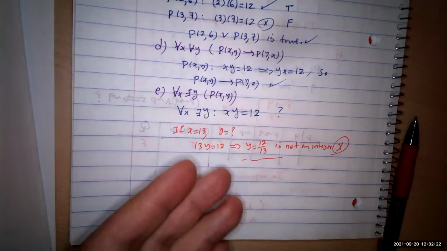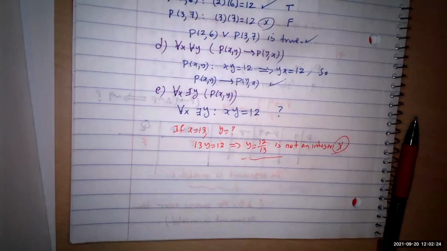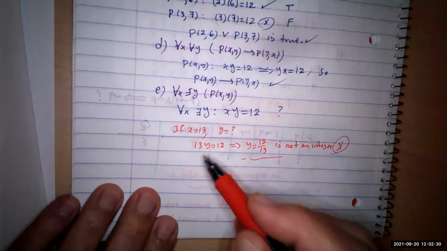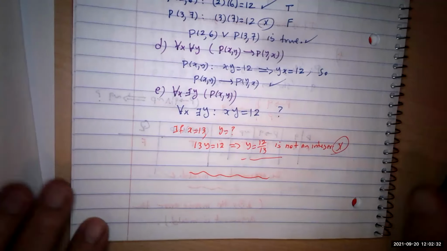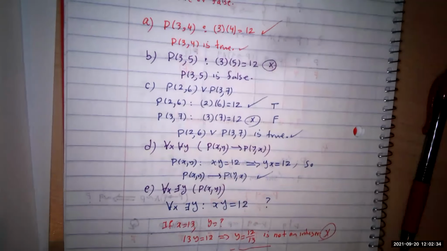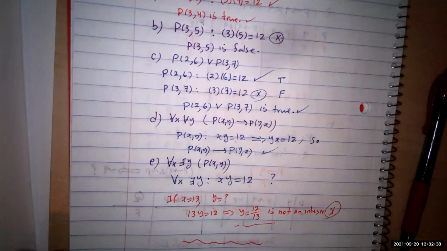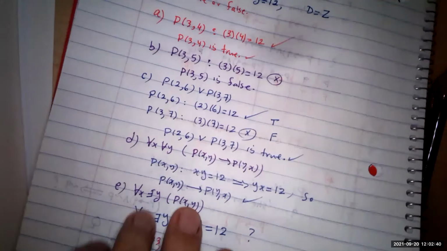That's the idea. So this is the first part, reading the predicate, putting the information together. Any question? So that's number 6.